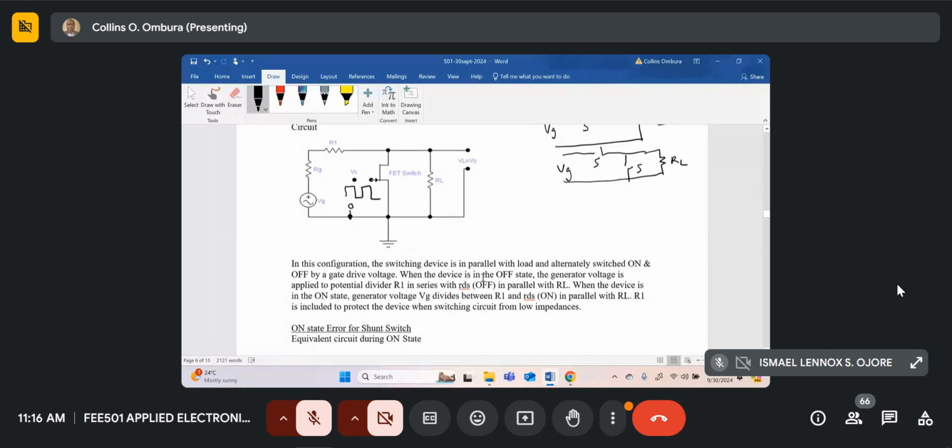When the device is in the off state, the generator voltage is applied to the potential divider R1 in series with RDS off, in parallel with RL.